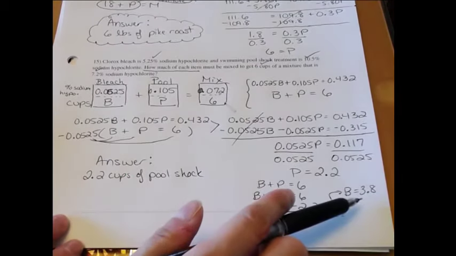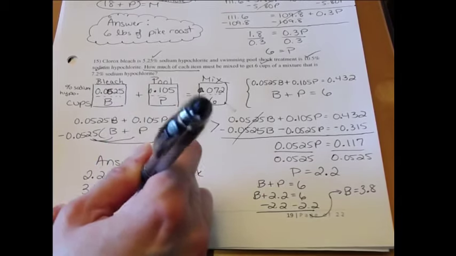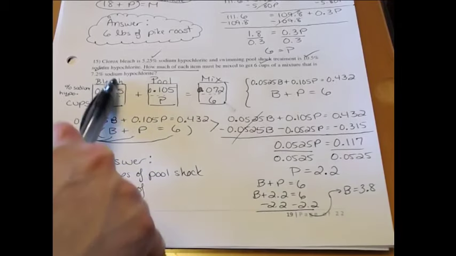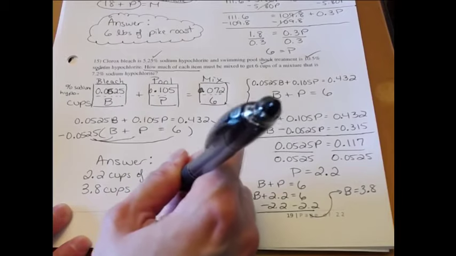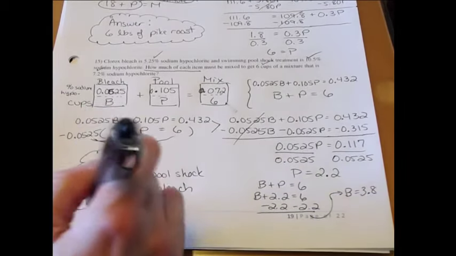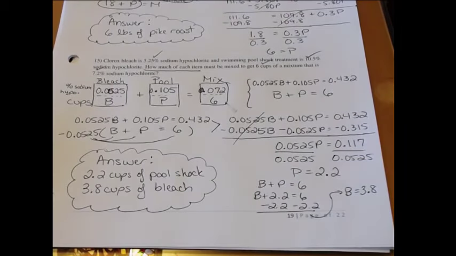And then according to our math, we have 3.8 cups of, and we know that B stands for bleach. So 3.8 cups of bleach. And what do you know? That's it. That's all you have to do.